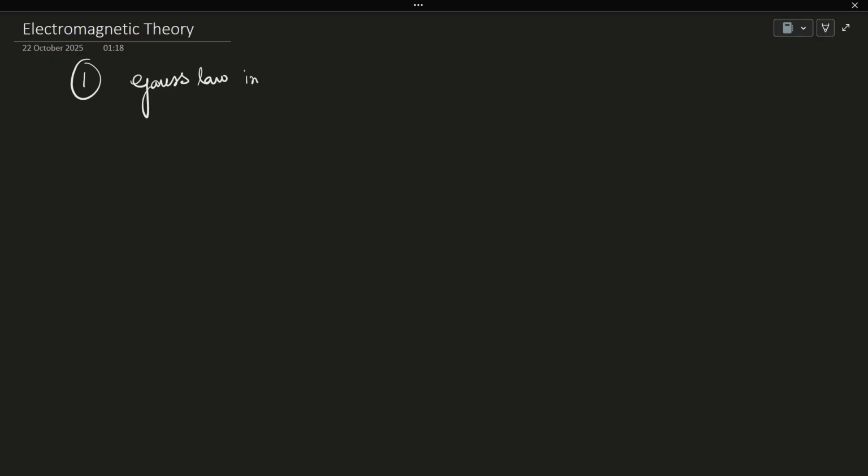Gauss law in electrostatics. The second one is Gauss law in magnetostatics.